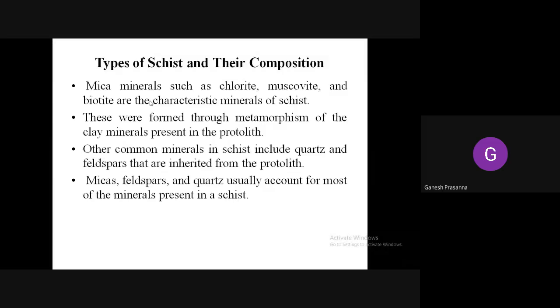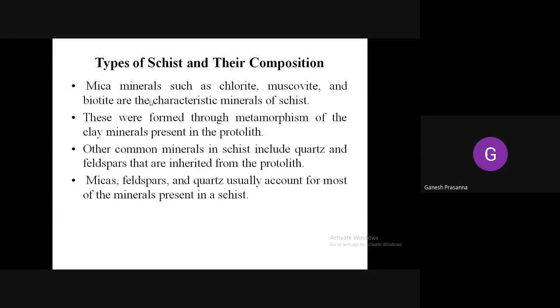Coming to the types of schists and their composition, mica minerals such as chlorite, muscovite, and biotite are the characteristic minerals of the schists. These were formed through metamorphism of the clay minerals present in the protolith, the parent rock type. Other minerals in schist include quartz and feldspars, which are inherited from the parent rock.